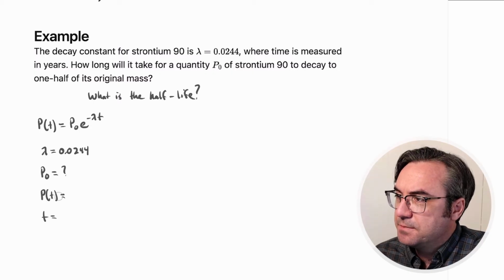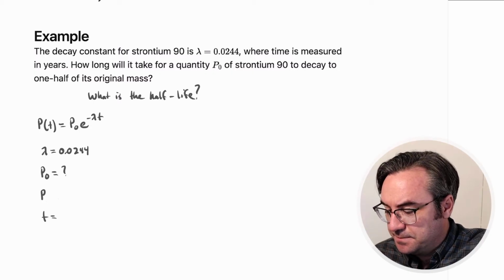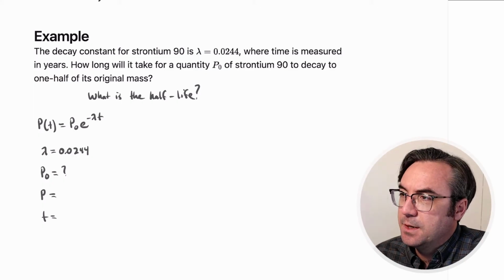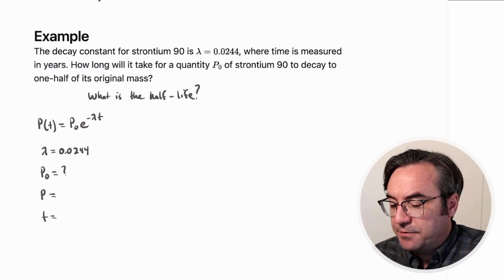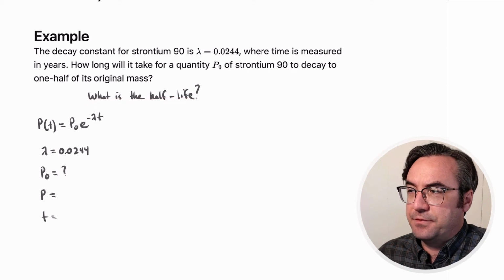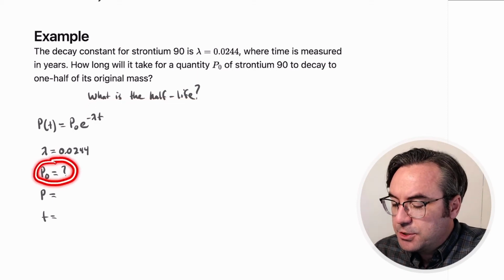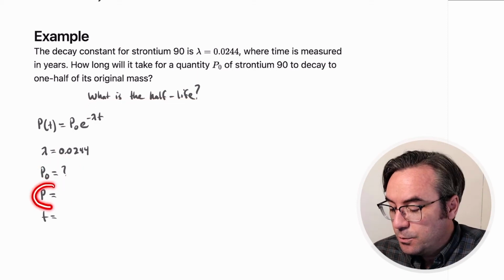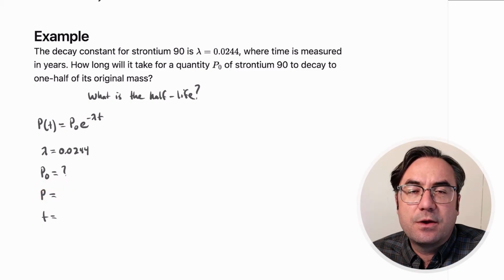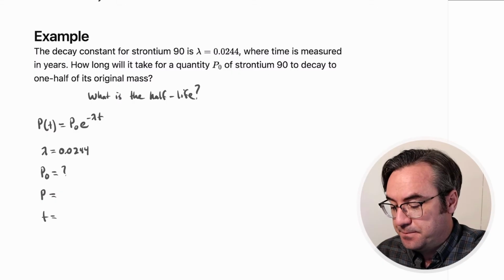Actually, let's just call this P for short. Well, what are we trying to figure out? We're trying to figure out the half-life. So even though we don't know how much we're starting with, we're interested in knowing when we end up with half of what we started with.